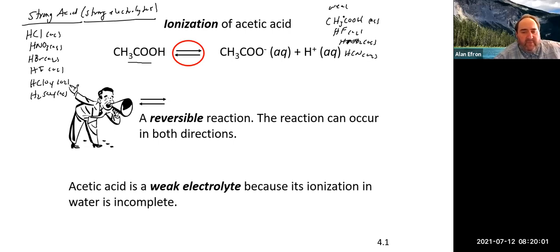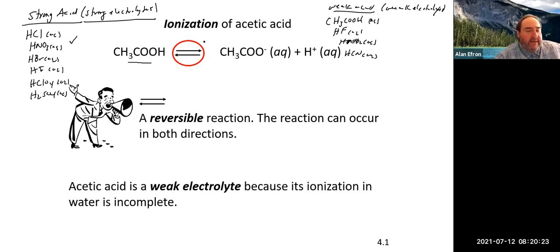So a lot of these weak acids are, again, weak electrolytes. So a lot of times, remembering these 6 or so that are strong acids is a good way of going, okay, it's not one of those strong acids, so it's probably a weak acid, and it's going to be a weak electrolyte.